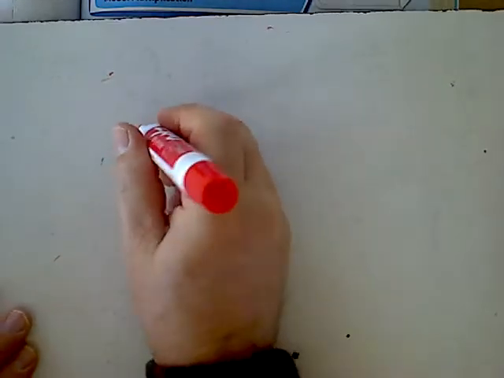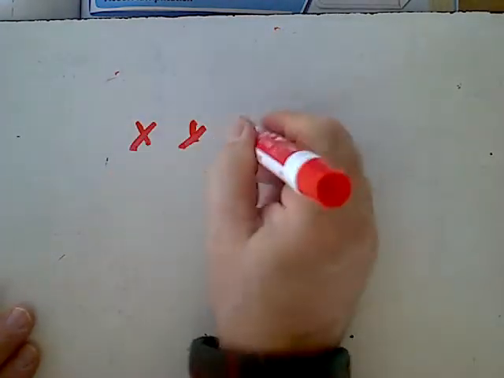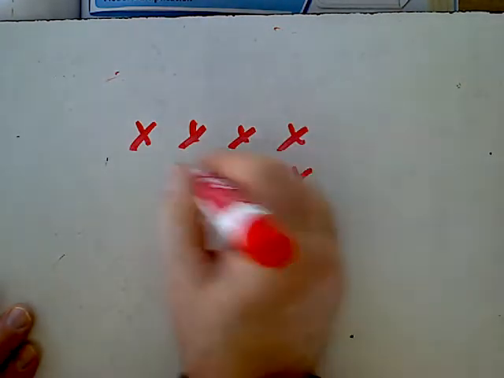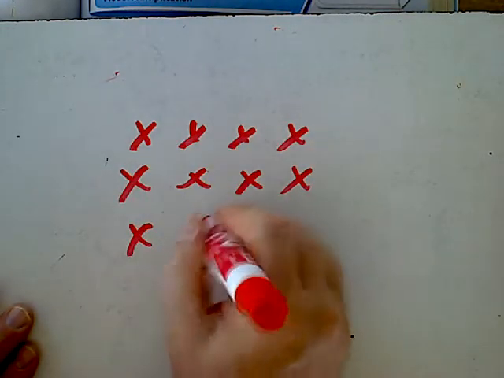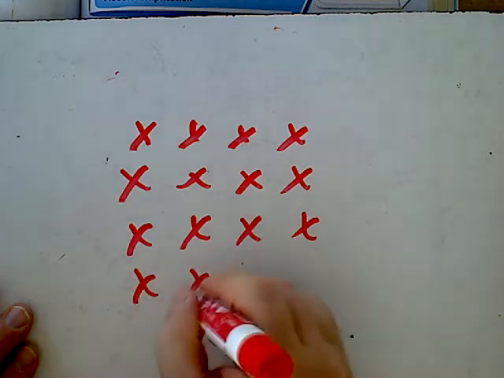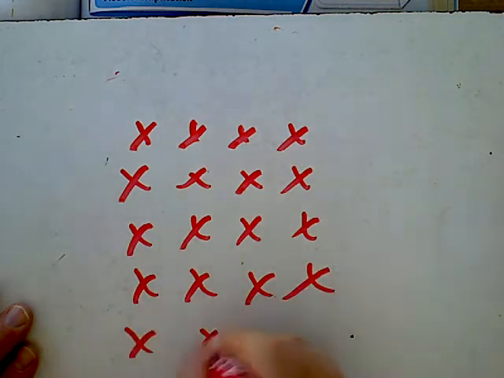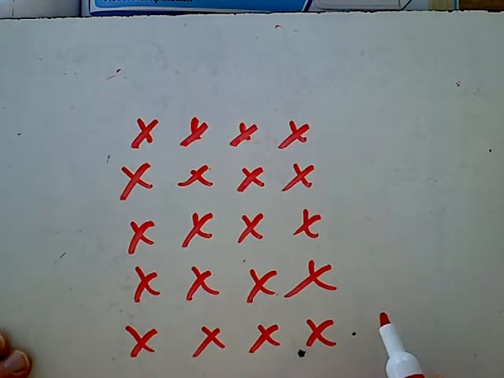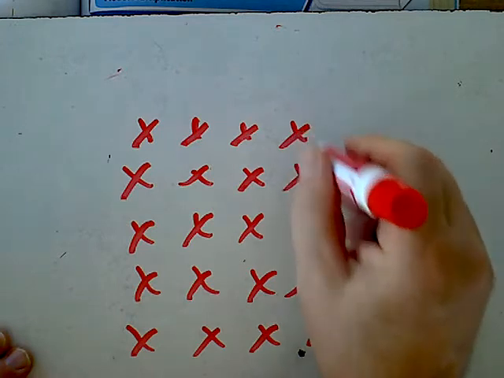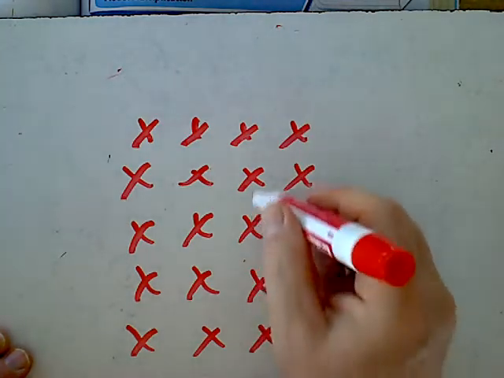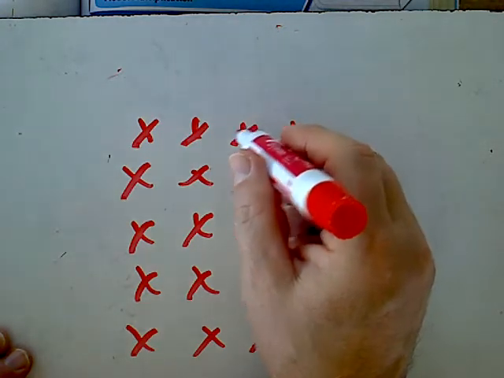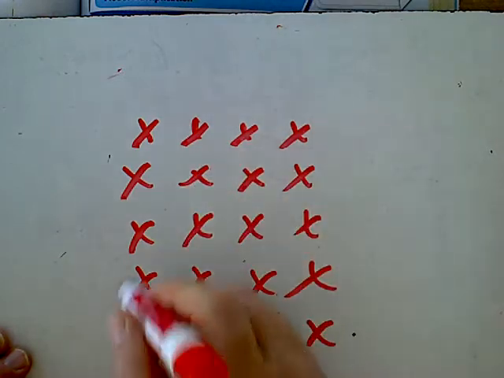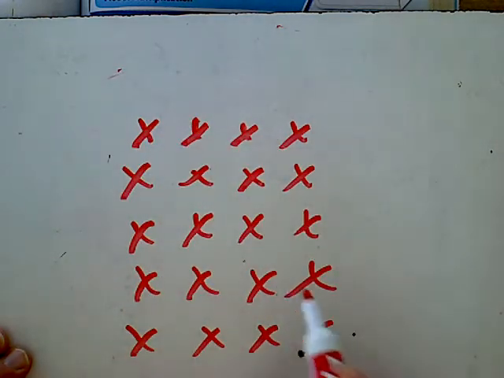I'm just going to make 20 X's. I could do this. I could go, well, 1, 2, 3, 4, 5, 6, 7, 8, 9, 10. 1, 2, 3, 4, 5, 6, 7, 8, 9, 10. Ooh, there's 2 groups with 10 in every group.